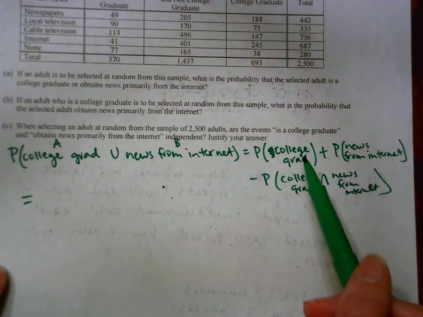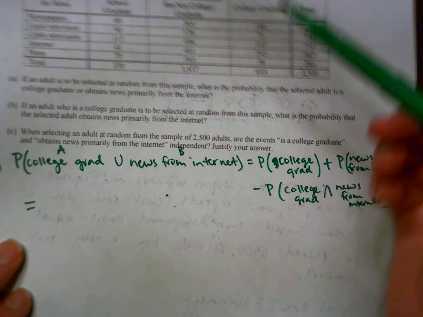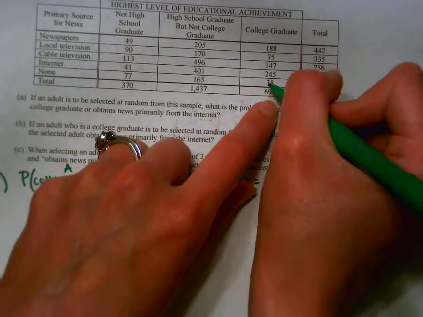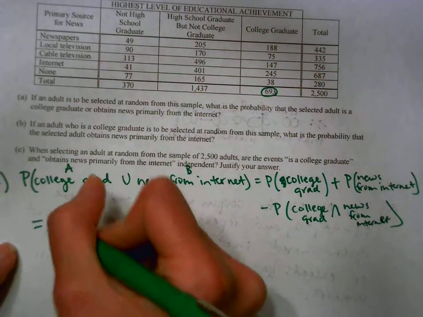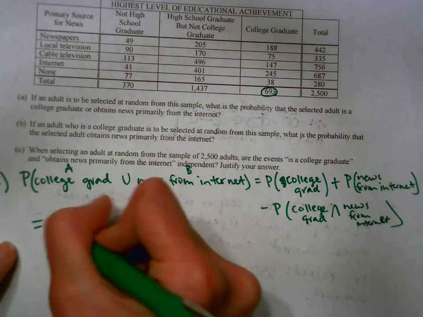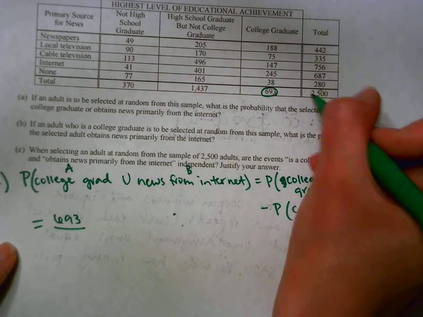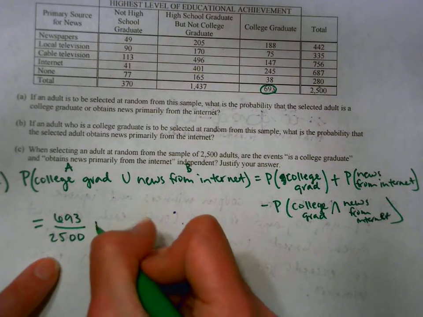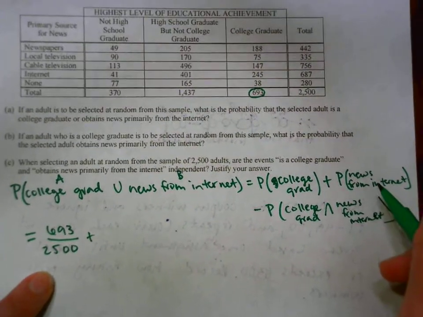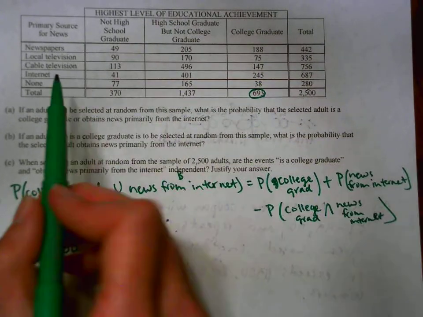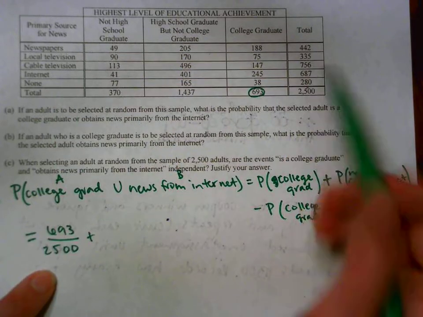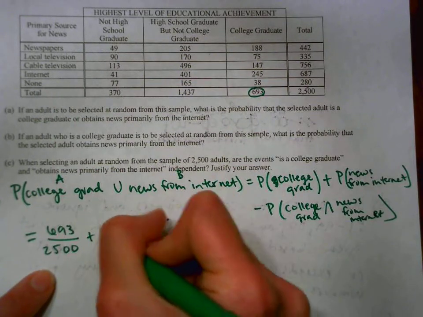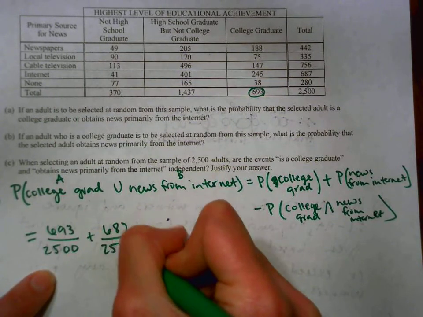What's the probability of being a college grad for this sample? Well, how many were college graduates? The total college graduates was 693. Out of the total in the sample is 2,500. Plus, what's the probability of getting your news from the internet? So the total that got news from the internet, 687, out of the total in the sample.